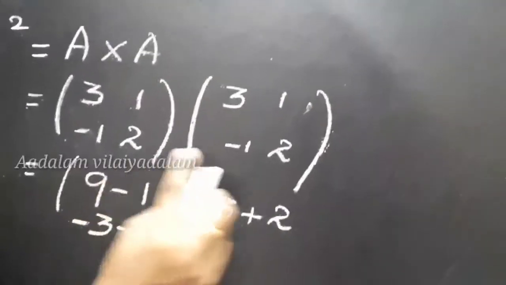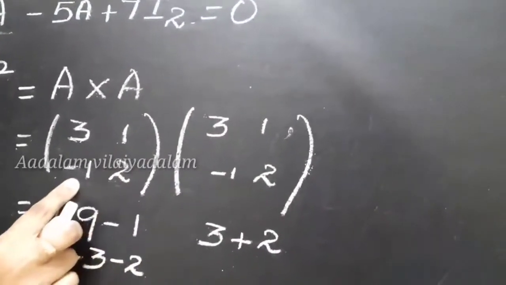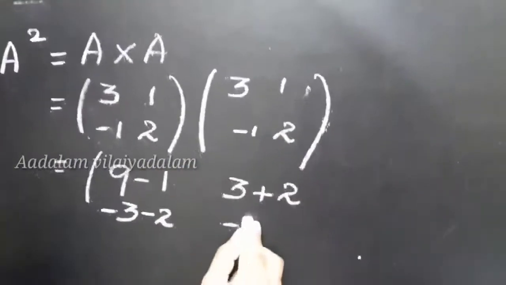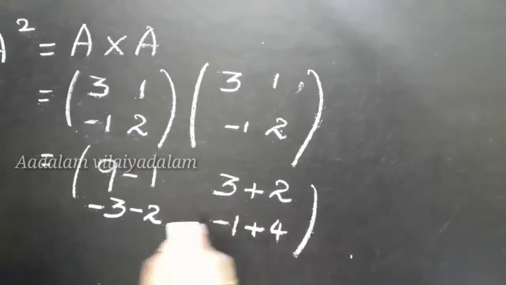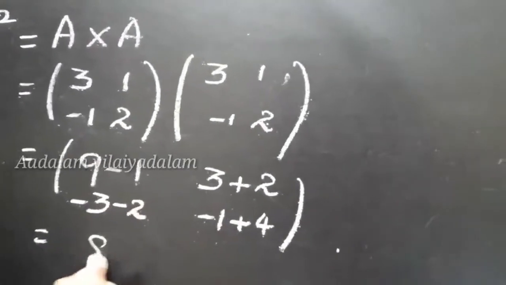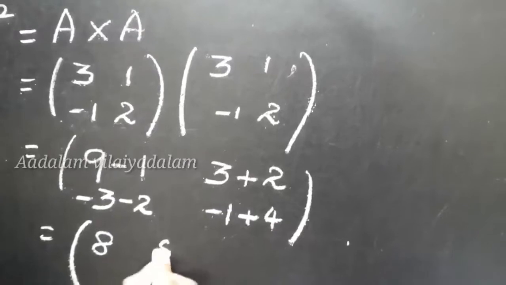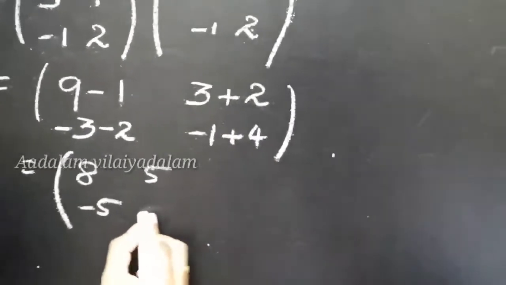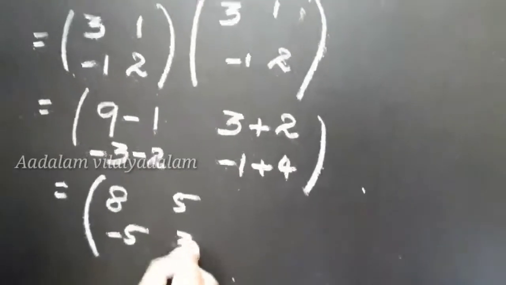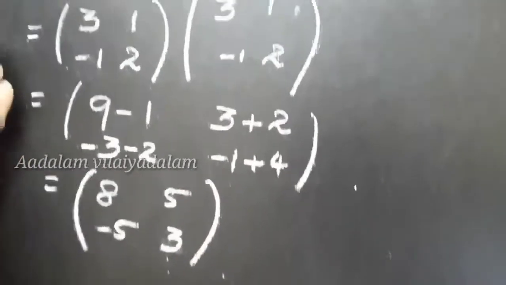The second row, second column, minus 1 into 1, minus 1, 2 2s are 4. So the answer is 9 minus 1, 8, 3 plus 2, 5, minus 3 minus 2, minus 5, 4 minus 1 plus 3. So this is the A square value.